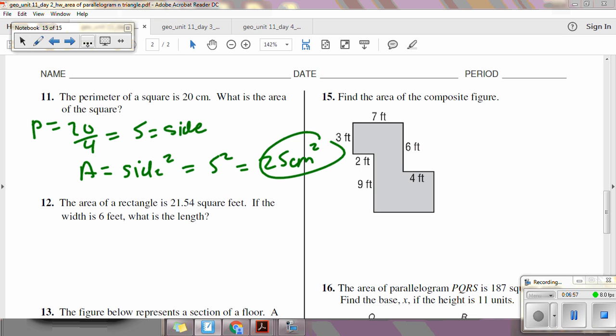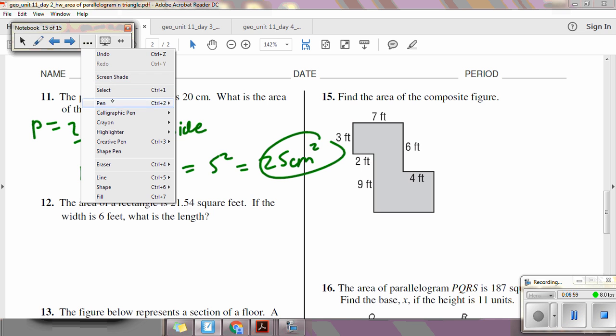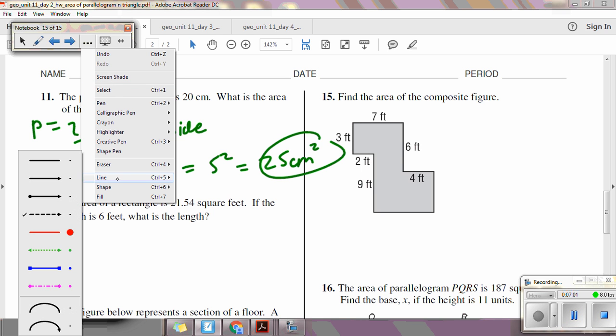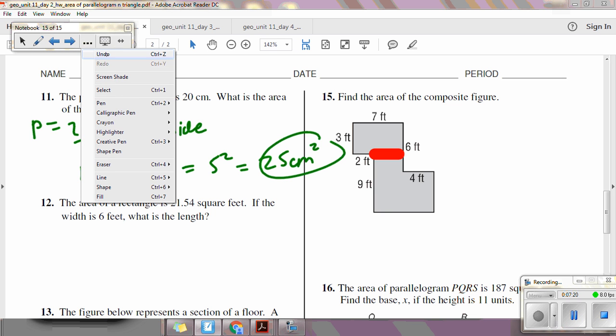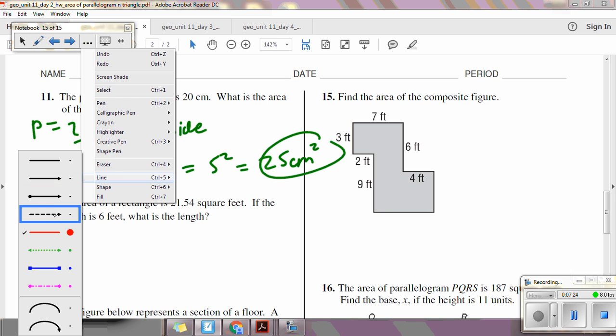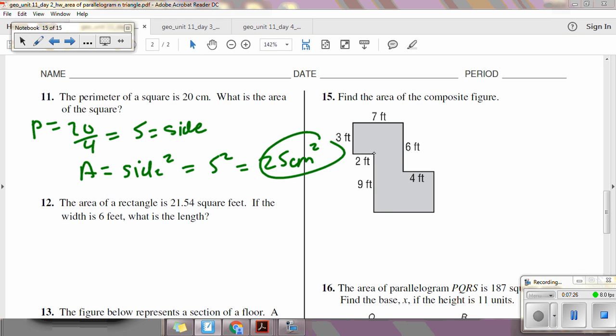For number 15, I would have to take the composite figure and break it into figures that I'm more familiar with. So I could cut across right here. That's too wide. Let's undo that. All right. So cut across right here.